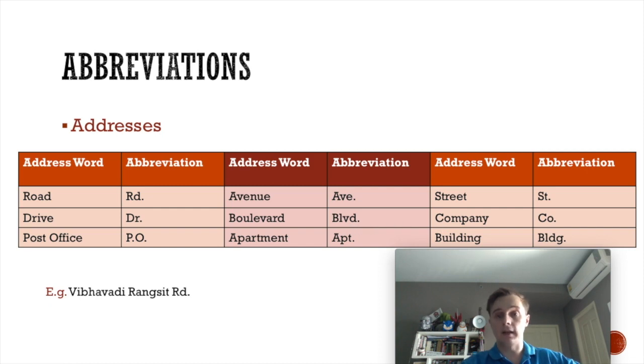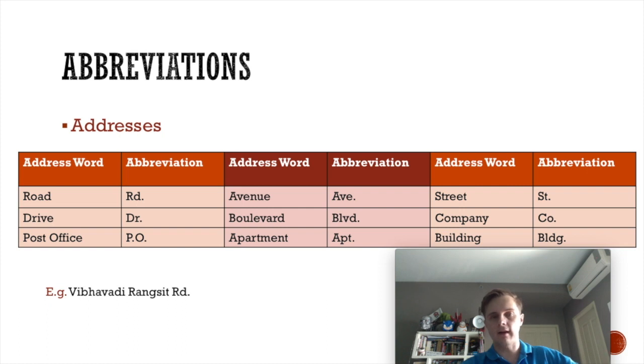The word company, like if you are writing a letter to a business, you would use C-O, period. If you're writing to a post office, you would use P-O, P period, O period. Sometimes if you write to a business, they don't have their address, they have what's called a PO box.